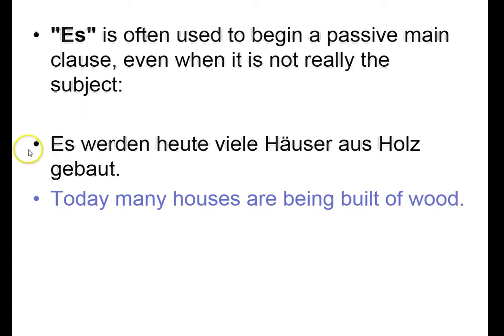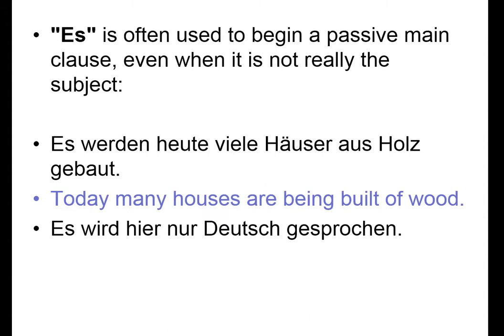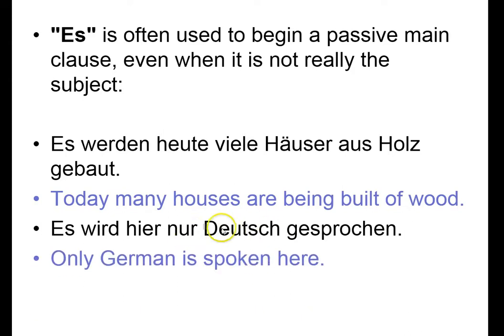But we see es kind of take over that a little bit. But it's not really the subject. You just see this once in a while, not too much. Es wird hier nur Deutsch gesprochen. So really in this context, German is really the subject, not really es.